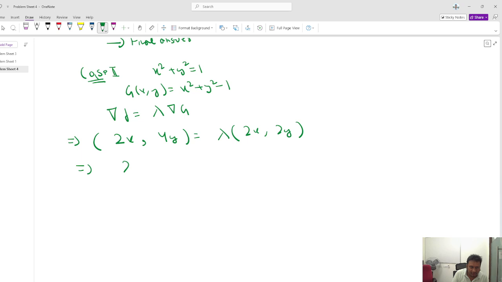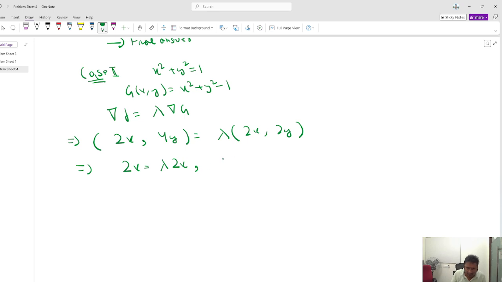So it will be 2x equal to lambda 2x. Okay. And what you will have otherwise, this will be 4y, right? I think I have copied the function correctly. Let me see. Yeah, it's correct.